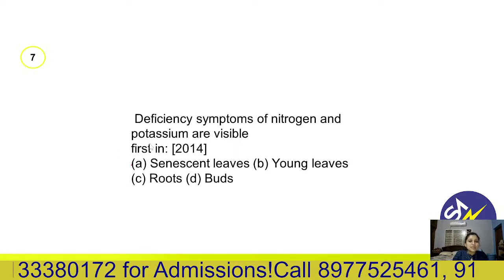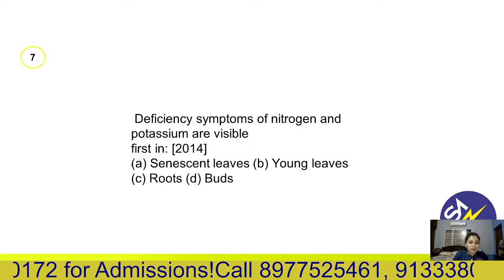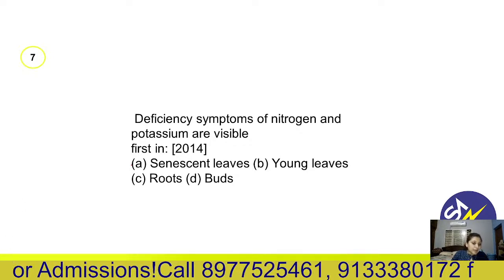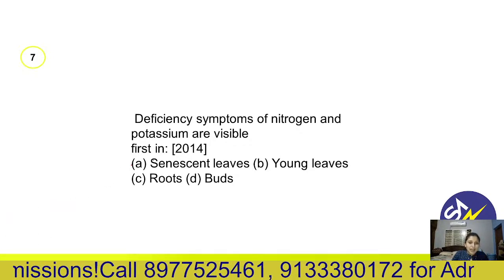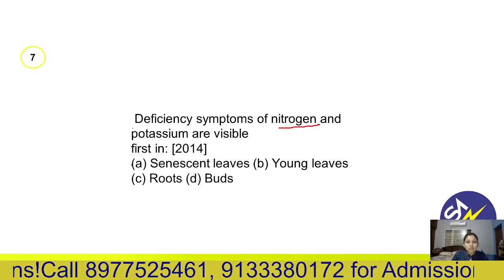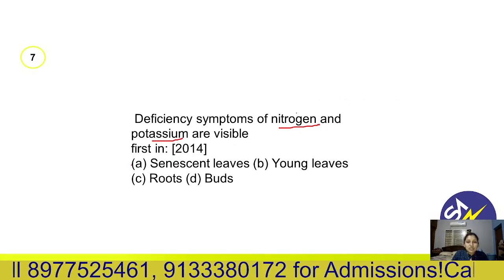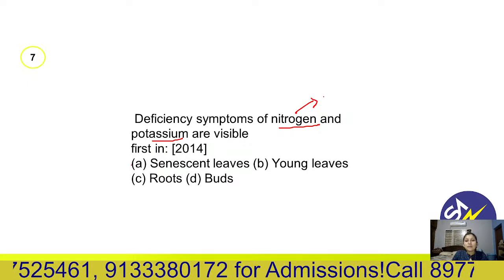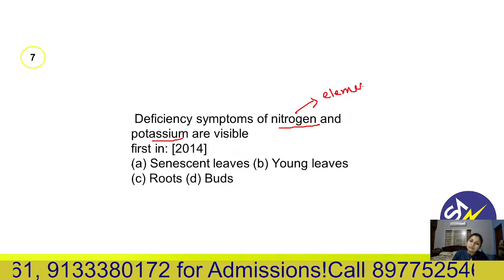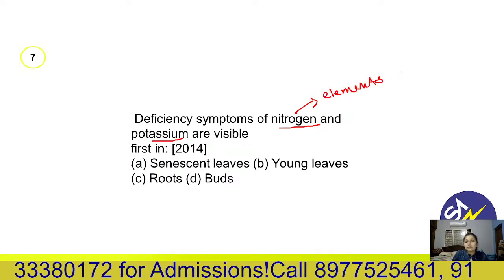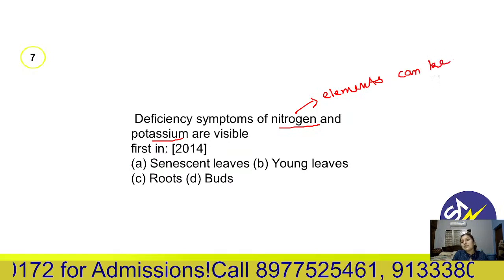Then, deficiency symptoms of nitrogen and potassium are visible first always in senescent leaves. These two are elements which can be easily remobilized.